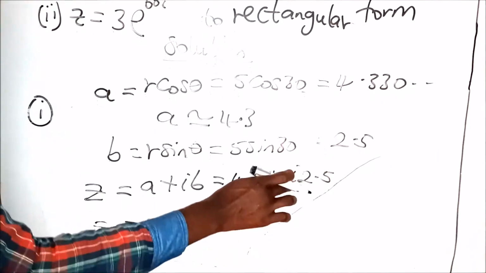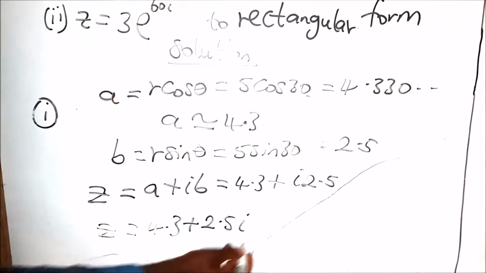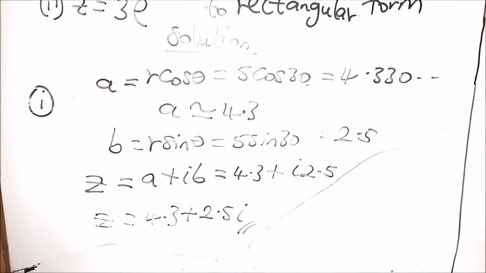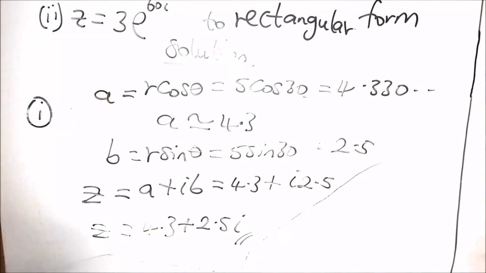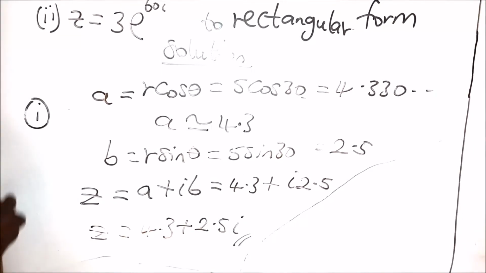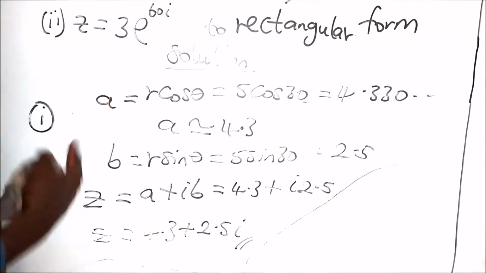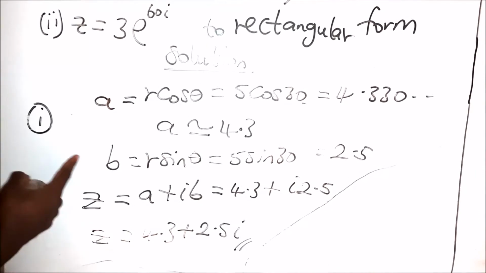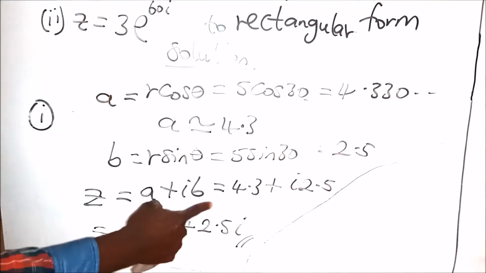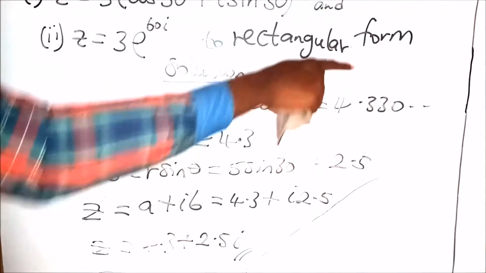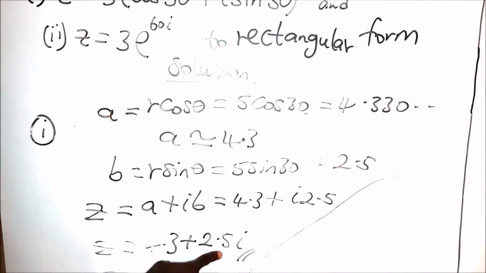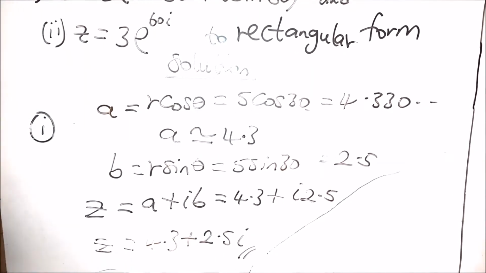The i can be in front, it can also be at the back. So this is the solution to the first question. What we have done is just to get our a and our b, and substitute into the general form of a complex number, which is our rectangular form.